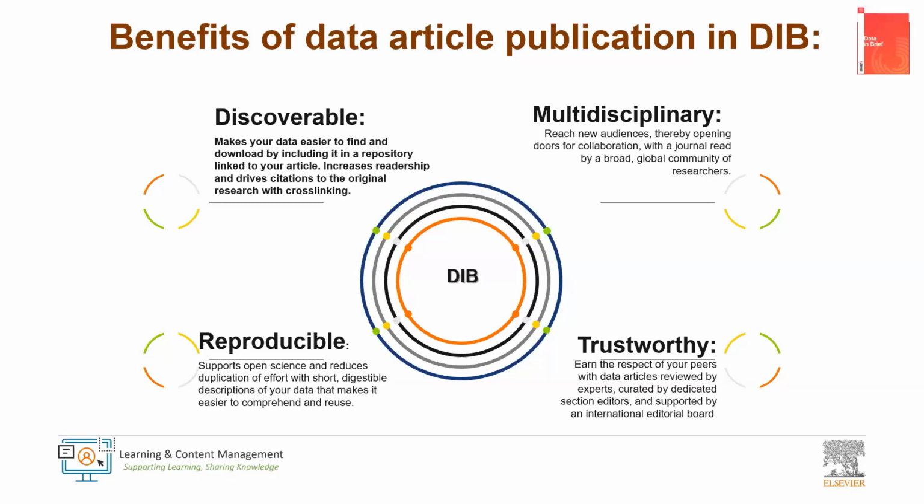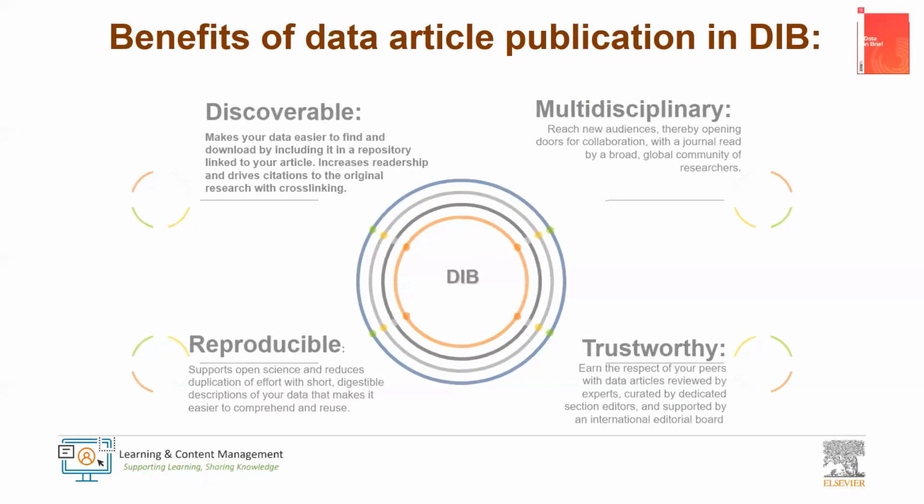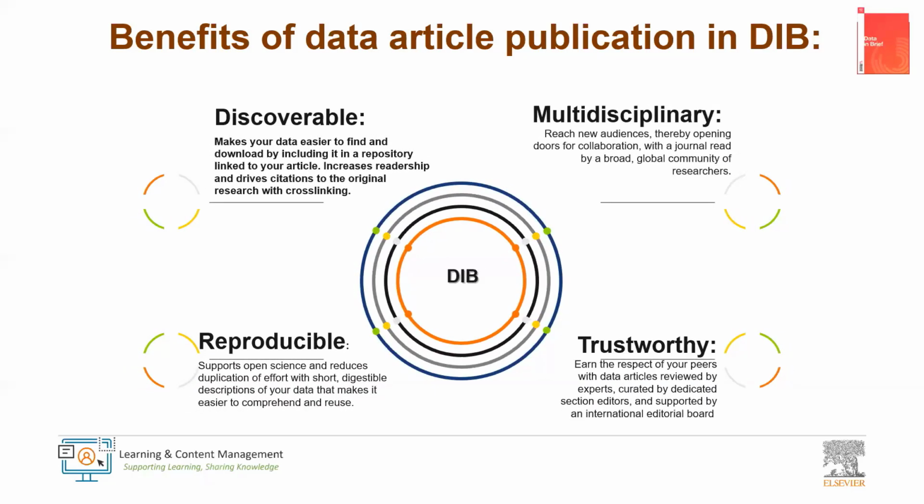And the last is definitely trustworthy. It earns the respect of your peers with data articles reviewed by experts, curated by dedicated section editors, and supported by an international editorial board. So these are the four major benefits of data article publication in the journal Data in Brief.